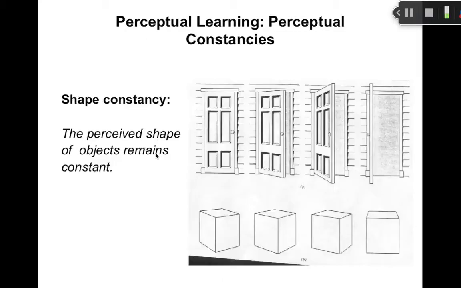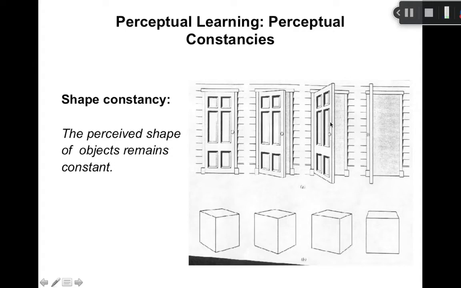Likewise, we have shape constancy. That is, the perceived shape of objects remains constant. In this door here, it looks rectangular, and now it's looking more like a trapezoid as its position relative to us changes. The actual image on the retina is changing, but that doesn't mean the actual shape is changing.